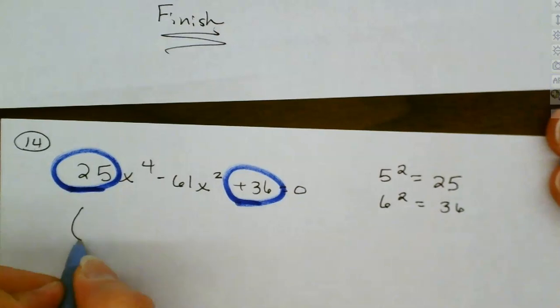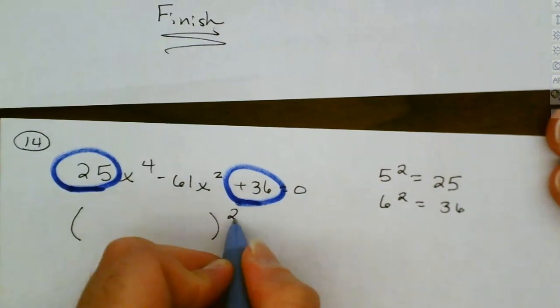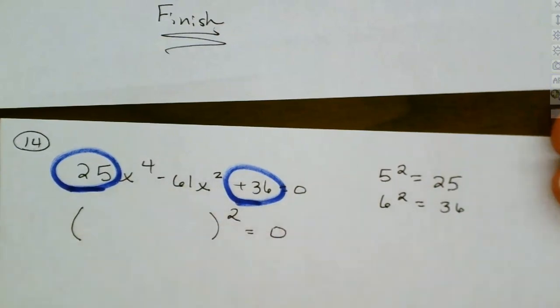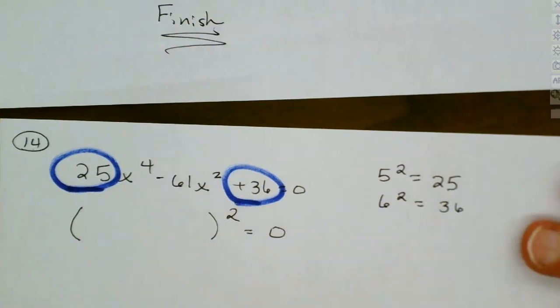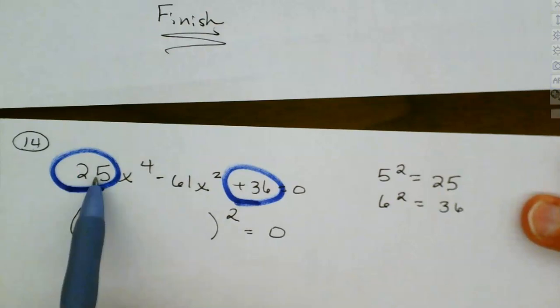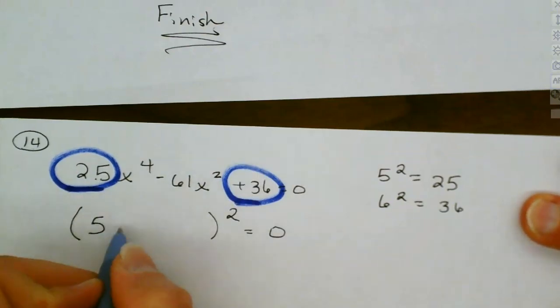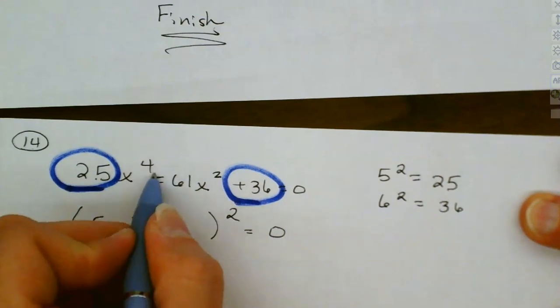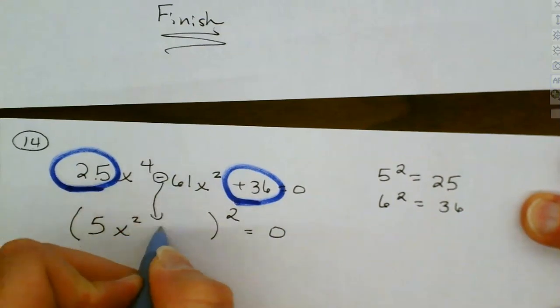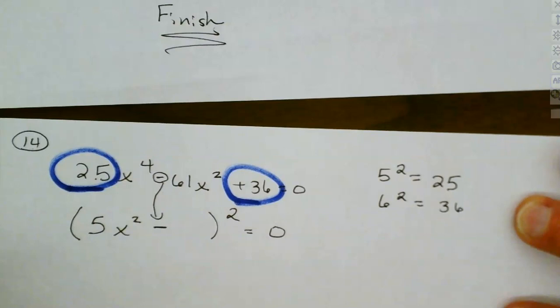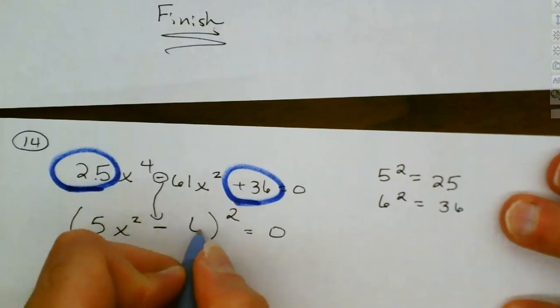So I can actually come up with my answer pretty quickly because this would now factor as a perfect square trinomial. Okay, 25 is a perfect square of 5, so that's 5x squared. We're going to bring down the negative. And 36 was a perfect square of now what? 6.